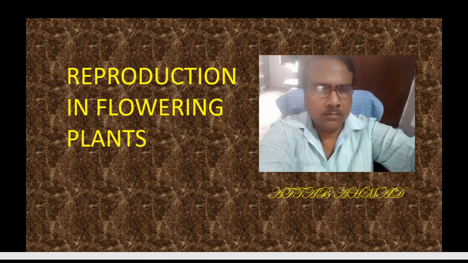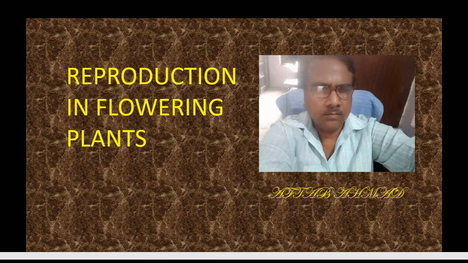In these buds, there is a flowering bud, which may be axillary or which may be apical. So, you may say that flower is a highly condensed and modified shoot.